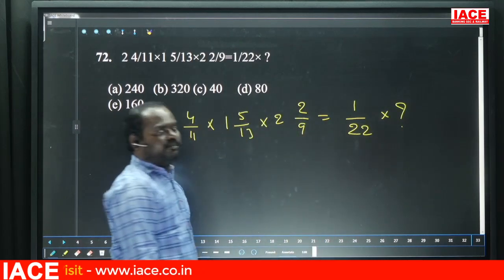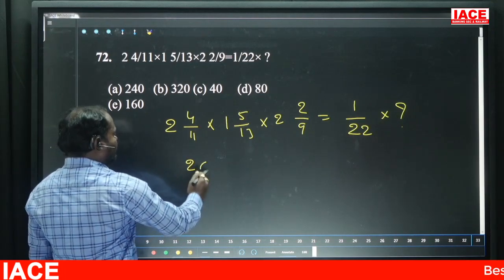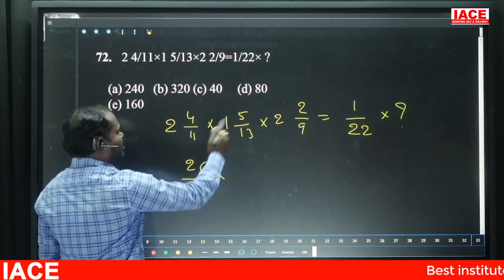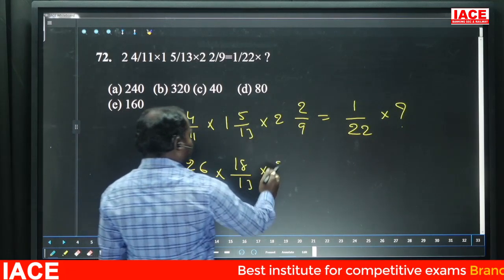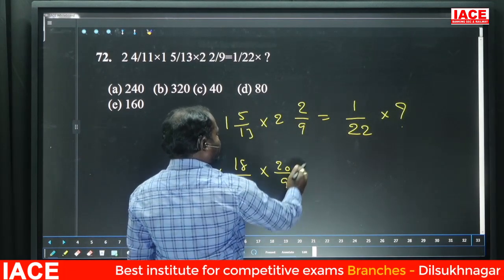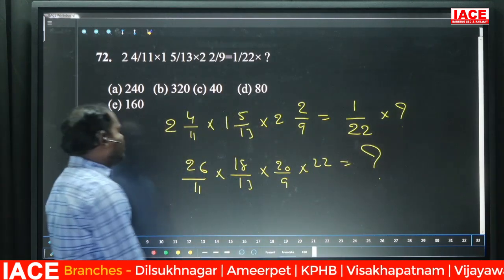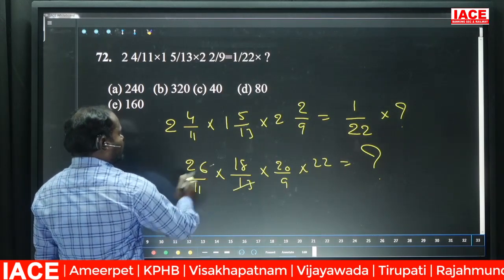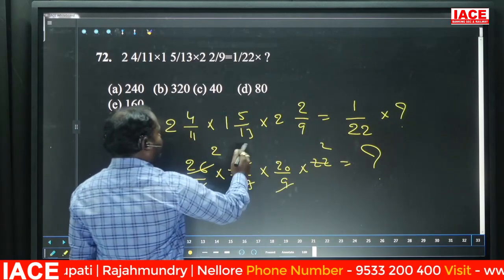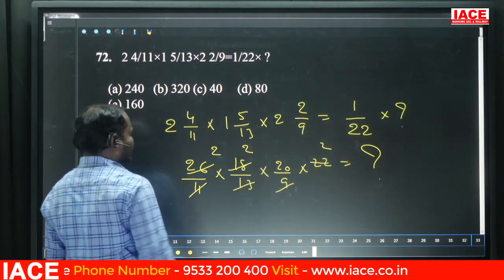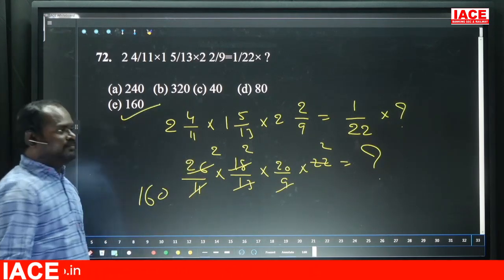By conversion, 2 4 by 11 is 22 plus 4, 26 by 11. 13 plus 5, 18 by 13. 18 plus 2, 20 by 9. So it becomes into 22 equals question mark. Now here we can cancel 13 twos, we can cancel 11 twos, we can cancel 9 twos. 2 to the 4, to the 8 into 20, 160. Answer 160, nothing but option E, 160.